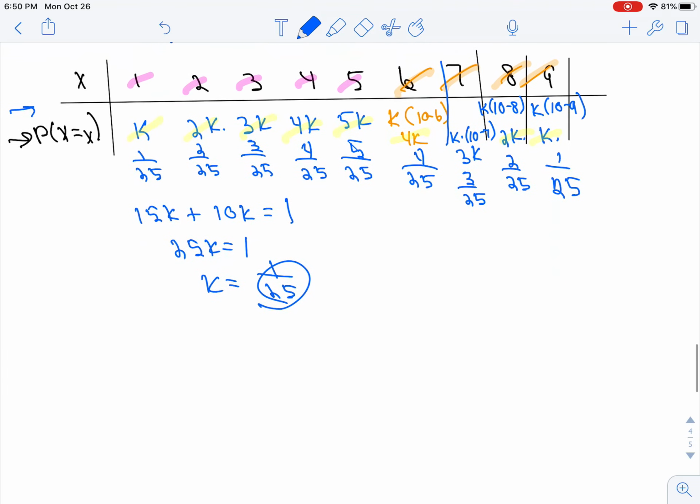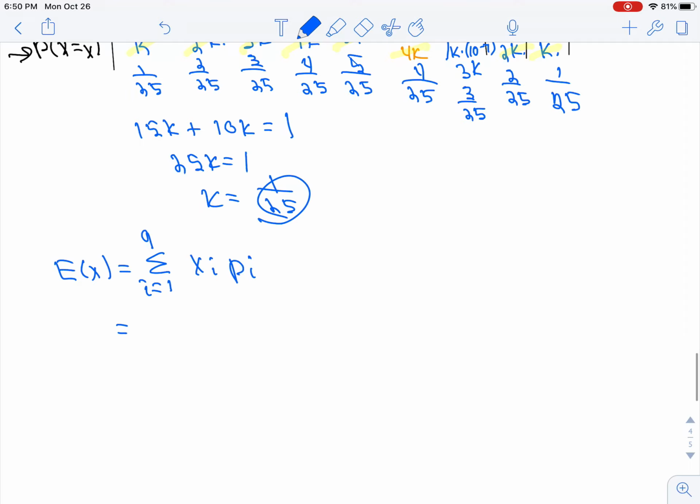So now, to get the expected value, remember again that the expected value is the sum for i equal 1 to however many terms there are. And there are 1, 2, 3, 4, 5, 6, 7, 8, 9. So i is going to take on the values 1 through 9 of, and again, what we want are all the x sub i values times their corresponding probabilities. So if I sub in the 1 first, I end up with x sub 1 times p sub 1, plus, now I sub in the 2.